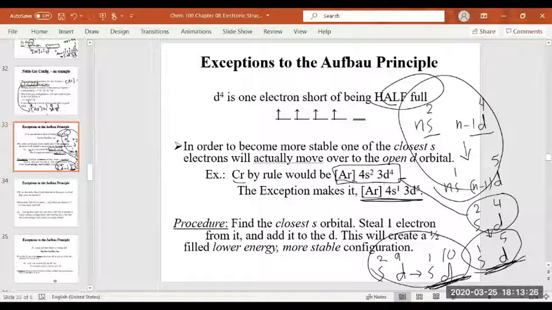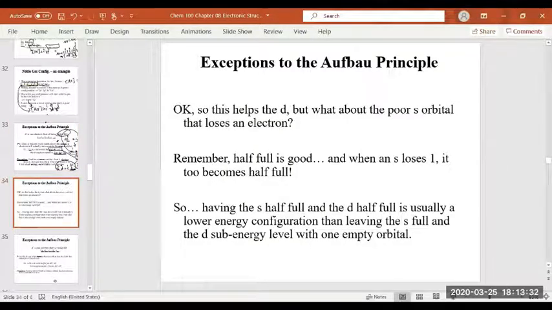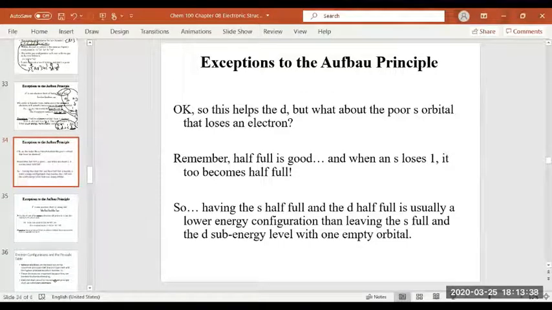So it will be argon inside the bracket, 4s1, 3d5. Always remember, half full is good, and full is better, of course. That's why we have some exceptions.